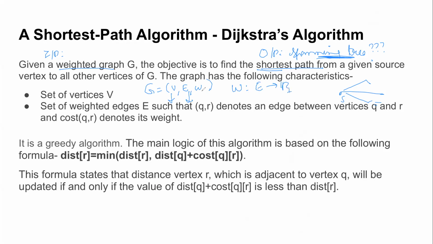So edges are not simple edges, they are weighted edges. For the purpose of understanding this algorithm, if I have two nodes A and B, the weight of the edge between A and B is denoted by cost(A, B). So if (A, B) is an edge, cost(A, B) denotes the weight of that edge.